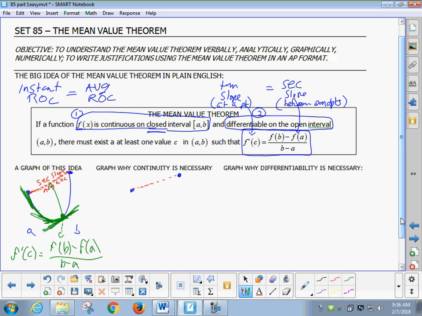But imagine if the curve between those 2 points went whoosh and whoosh in a vertical asymptote kind of way. Well, can I draw any green slope where it's going to be the same as those guys? And the answer is no. Unfortunately not. There is no such place. So continuity is required for this to happen.